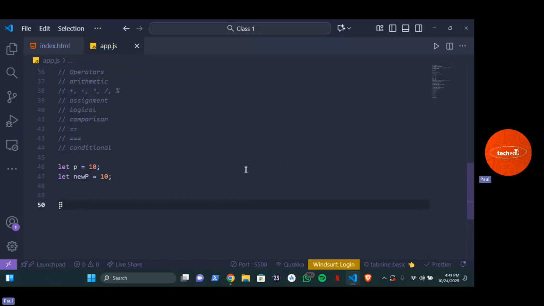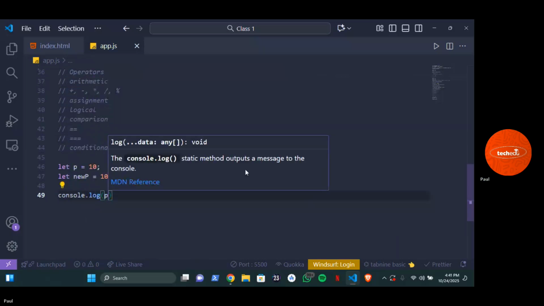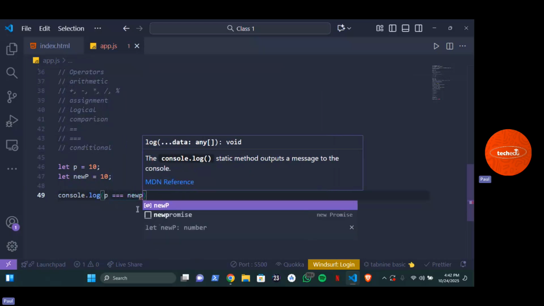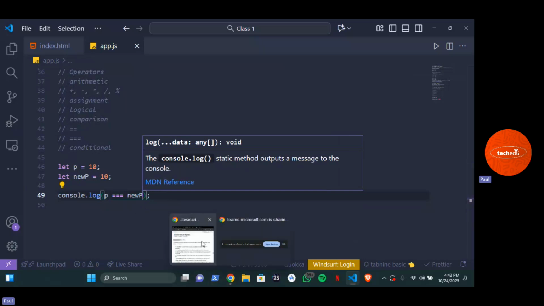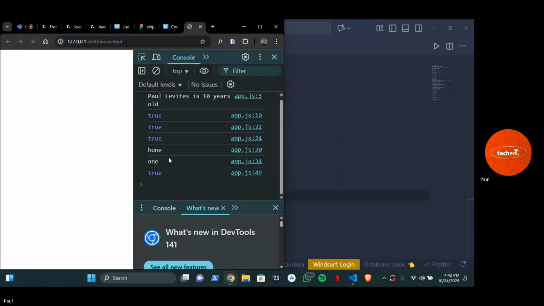Now, if I say console.log(P == newP), what will it give you? True. Why? You have the same value, right? Good, now I'm getting somewhere. I want you to just follow me.